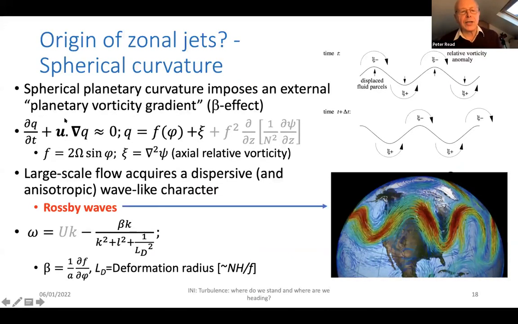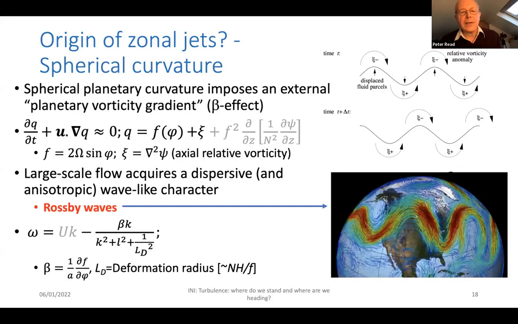vorticity conservation equation, in the presence of rotation, we can essentially boil the equation down to the conservation of a quantity which we can call the potential vorticity, that includes a contribution from the rotation of the planet itself as projected into the local vertical.